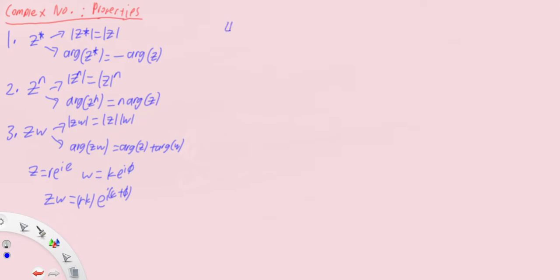Similarly, we talk about z divided by w. Again following the modulus law, mod of z divided by w is simply mod z divided by mod w. The argument again follows the logarithm law, arg z minus arg w.